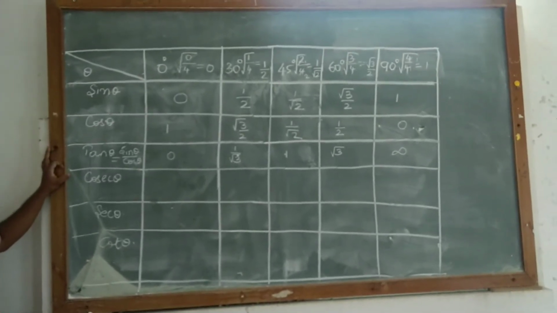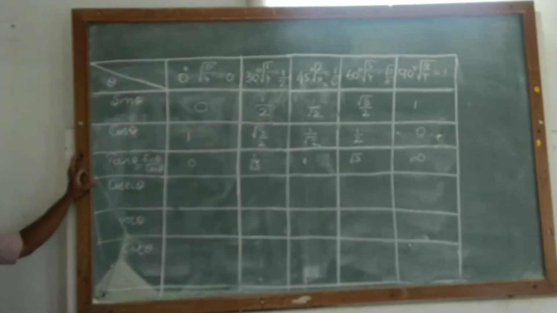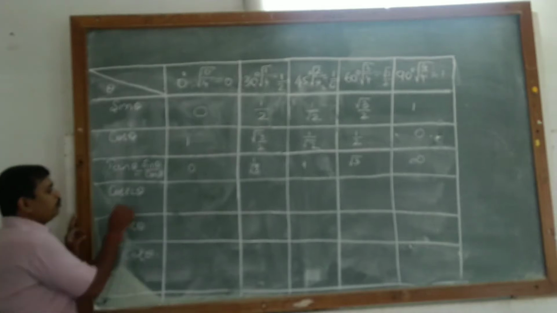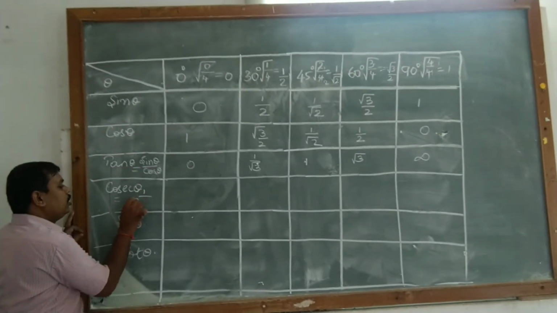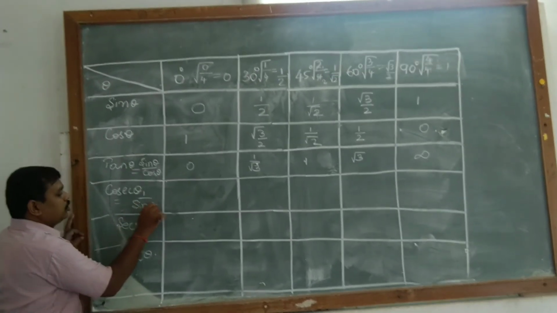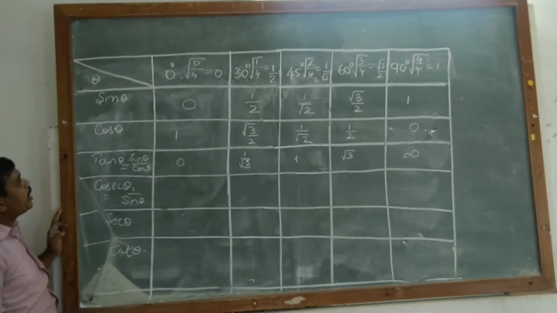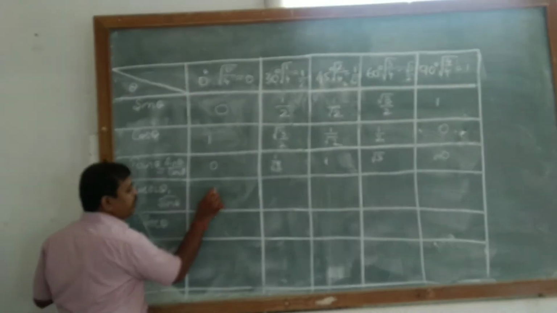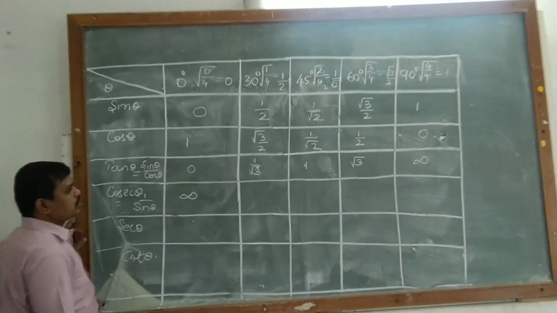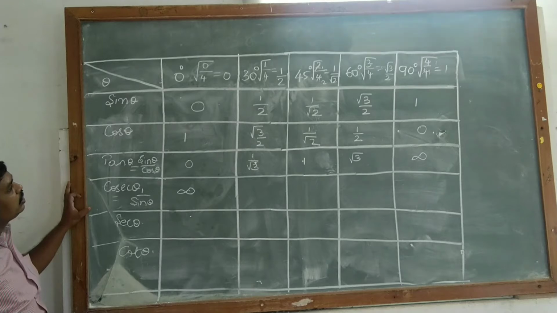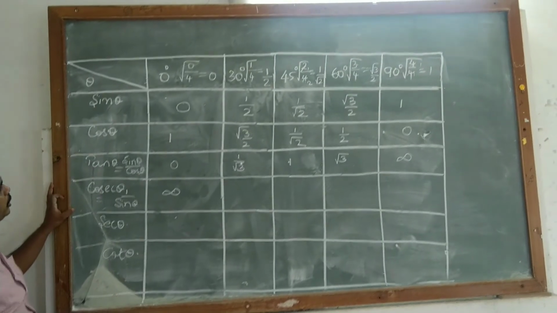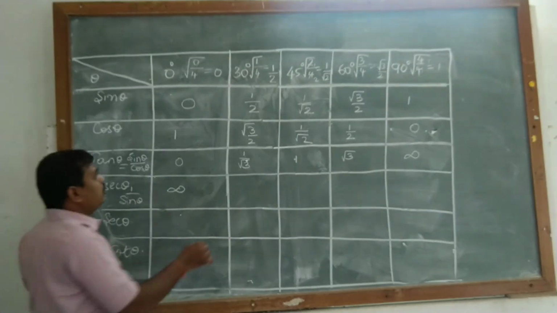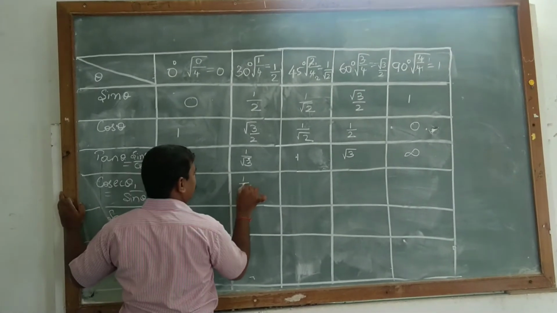Next what is the trigonometric ratio? Next to trigonometric ratio, that is cosecant theta, it is nothing but the reciprocal of sin theta. 1 by sine. Okay? 1 by 0. 1 by 0 is infinity. Next, 1 by 1 by 2.